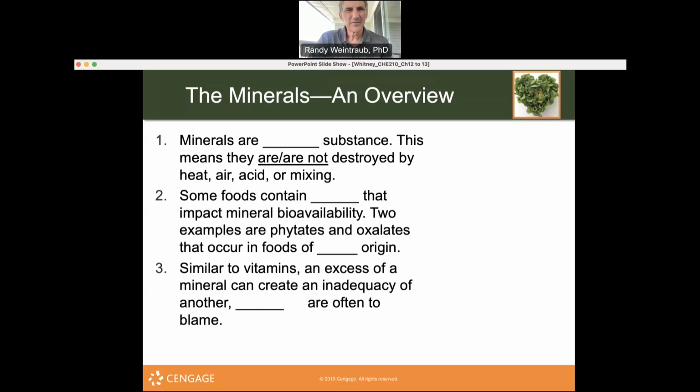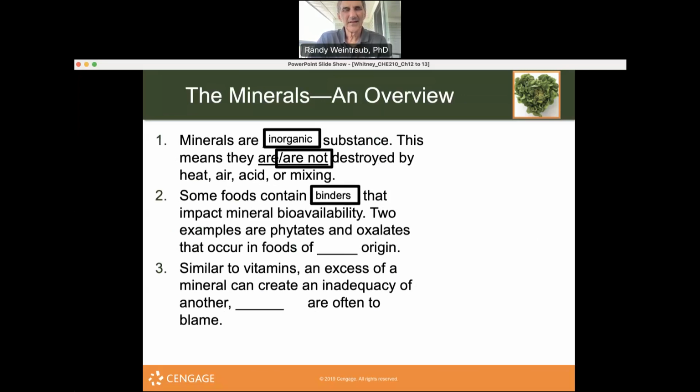Minerals overview. Okay, now we'll look at the major minerals. Let's go through some highlights about them. Minerals are inorganic substances, which means they are not destroyed by heat, air, or acid mixing. Compare that to things like vitamins. They are organic and they could be destroyed by heat, air, acid.